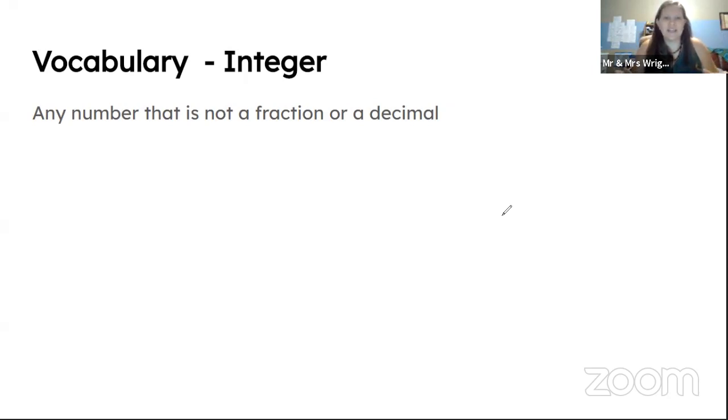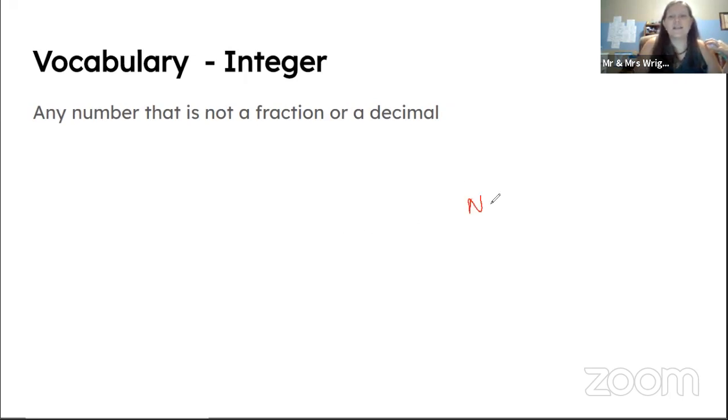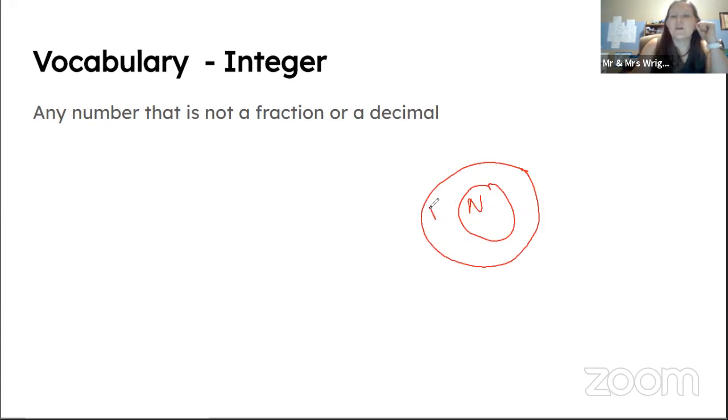So we've taken sets. And the first set of numbers is what we call natural numbers, okay? And that's the numbers that you count with, like 1, 2, 3, 4, 5, etc., going up. Those are natural numbers, okay? And then you go a little bit bigger, and you have something called whole numbers.